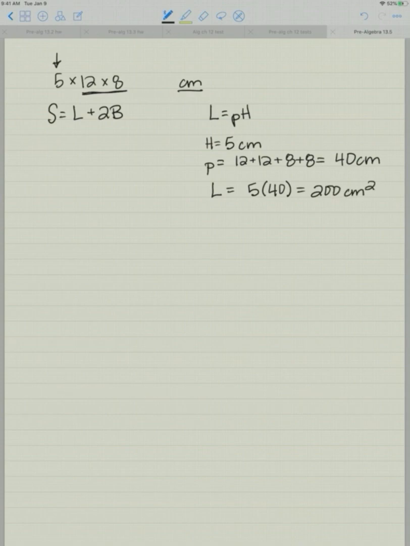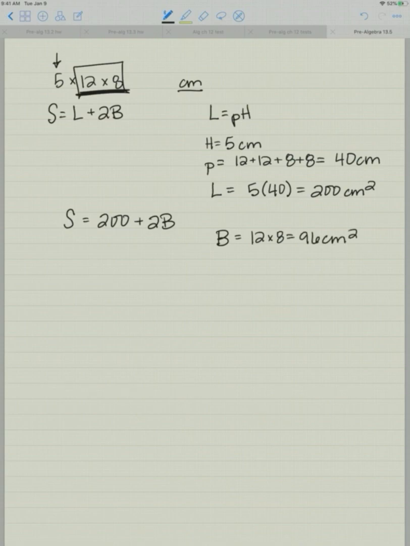Now, to figure out my big S, that is equal to 200 plus 2 times big B. What is big B? Big B is the area of my base. The area of the base is 12 times 8. 12 times 8 is 96 centimeters squared.